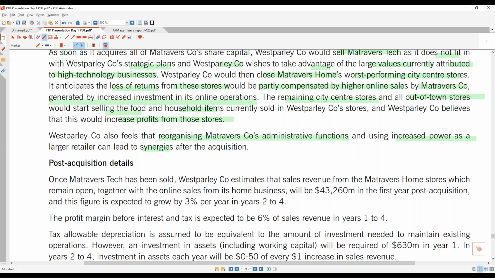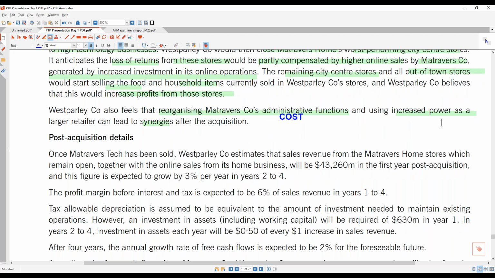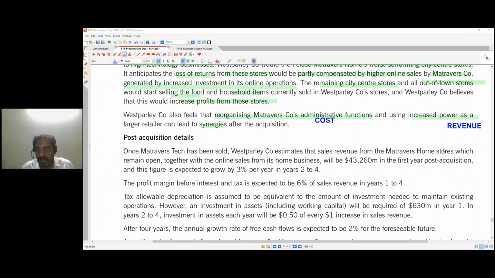Administrative function, that is the so-called cost. Increased power, that is revenue. For the time being, I just shut down the camera. That is about the revenue.